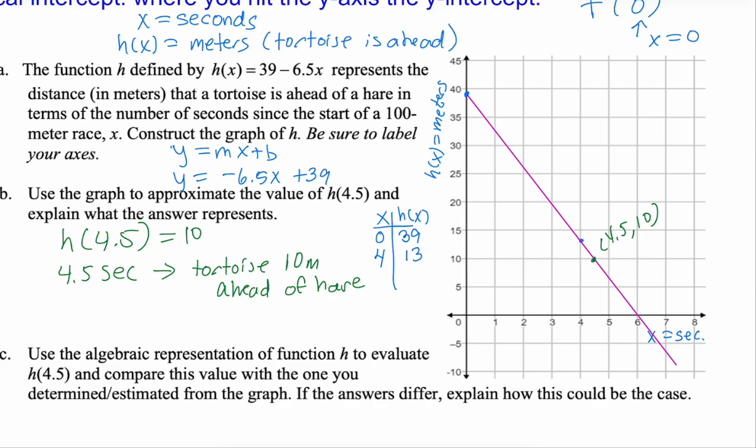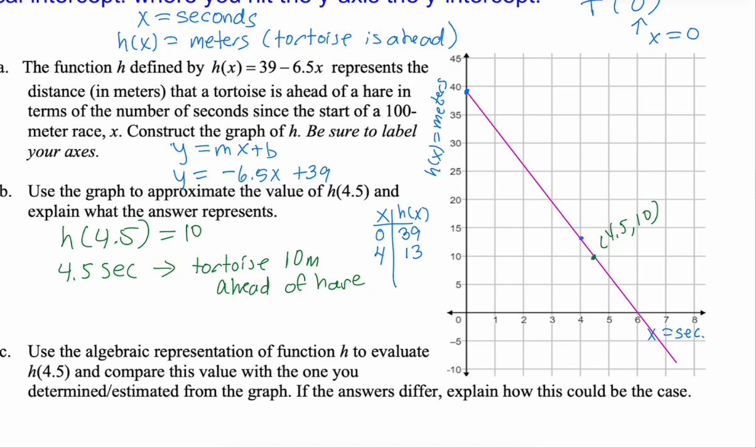Now, in part C, it says to use the algebraic representation of the function to evaluate h of 4.5. So what that means is we're going to take our 4.5 and find the exact value. So if we did 39 minus 6.5 times 4.5, we don't get 10, we get 9.75.